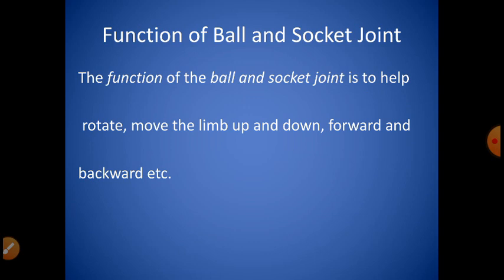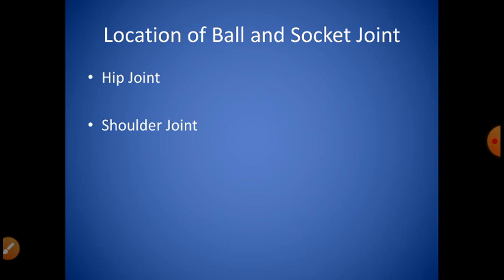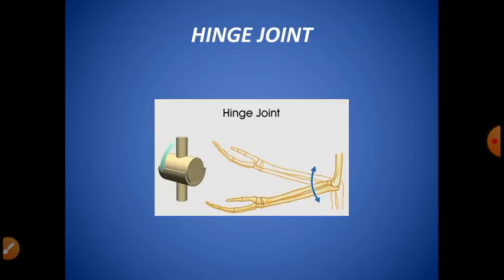Now, functions of the ball and socket joint. The function of the ball and socket joint is to help rotate the body part and move the limb up and down, forward and backward. Now, locations of the ball and socket joint. The hip joint and shoulder joint are ball and socket joints, which allow us to make 360-degree movement.